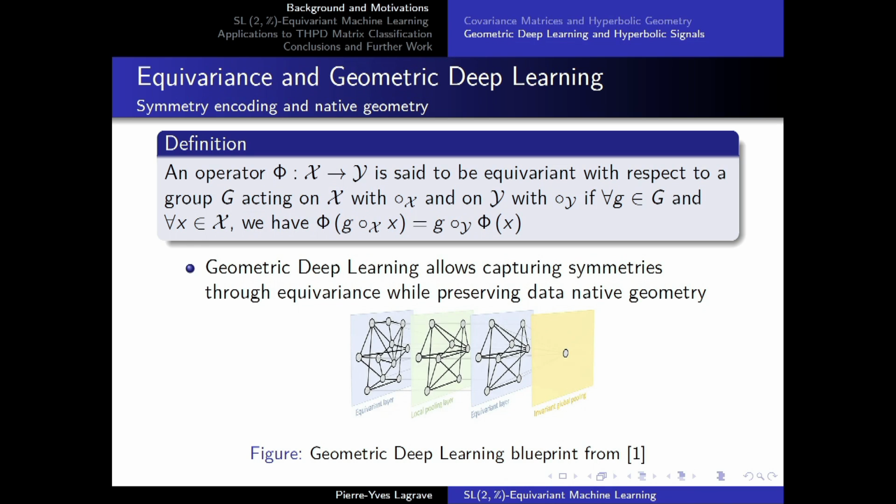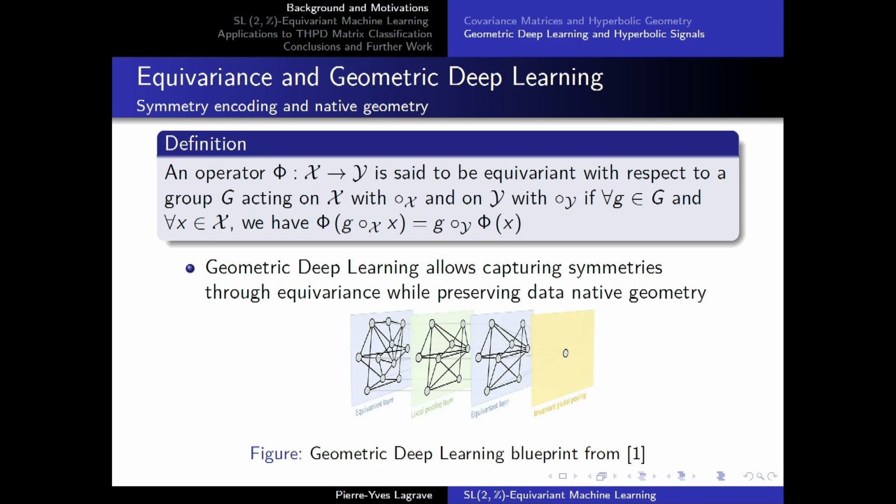And now what we want to do is to build some machine learning algorithm which is going to be compliant with this type of transform. This notion of compliance or consistency, we formulate by the definition of equivariance. In the session this morning, we had several examples of the usefulness of equivariant approaches.